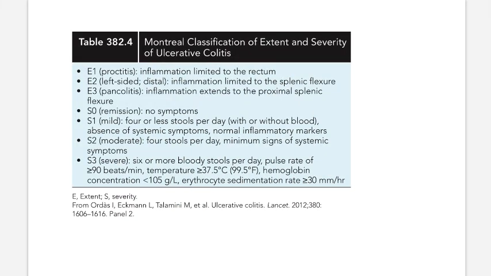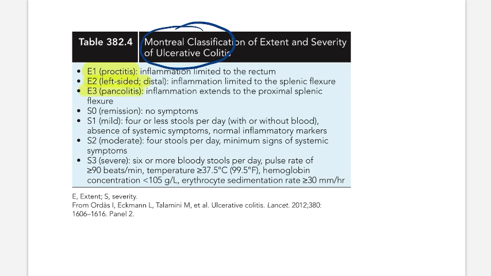Okay, Montreal classification for extent and severity of ulcerative colitis. There is a classification named Montreal classification for ulcerative colitis. Just remember the important point: E1 is proctitis, E2 is left-sided, E3 is pancolitis.